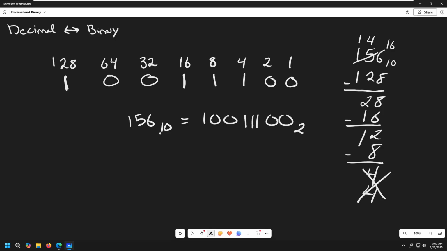So this is the first one. 156 base 10 is equal to the equivalency in binary 100111100, using what I consider to be the easiest method. There is another method, of course, that I'll talk about in a future video of converting between binary and decimal.